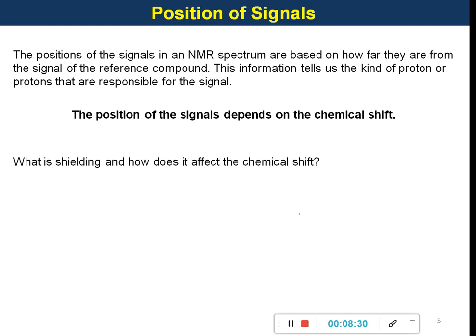It can be easily removed from the sample by evaporation due to its volatile properties. TMS resonates at lower frequency than most other signals.